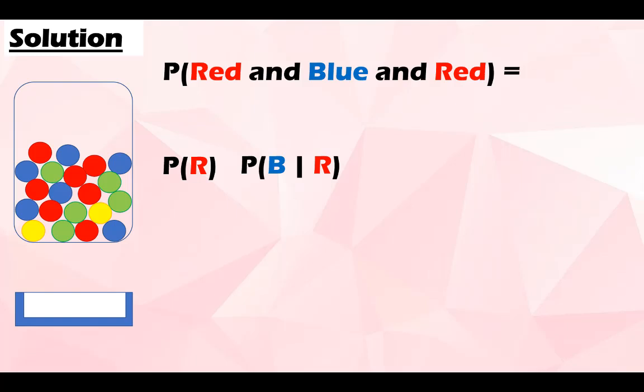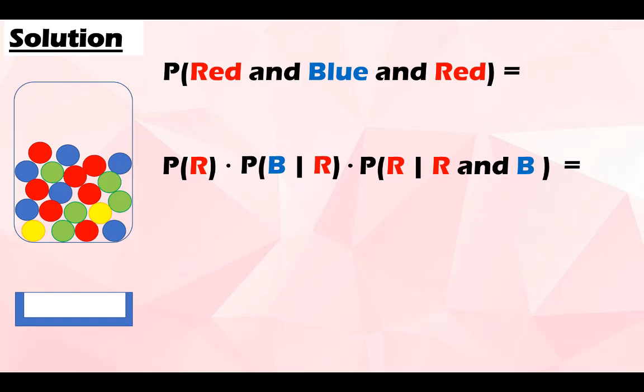Then when we try to draw the third marble, we're trying to find the probability that that third marble is red, but we have to consider the fact that we've already pulled out a red marble and a blue marble. So this is going to be the probability of red given that we've already seen a red and blue marble taken out of the jar. Then the multiplication rule says multiply these values together to come up with our answer.